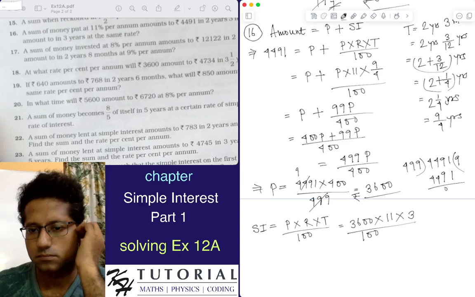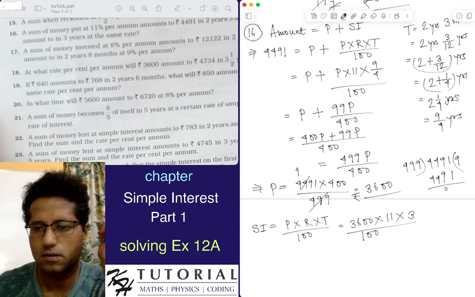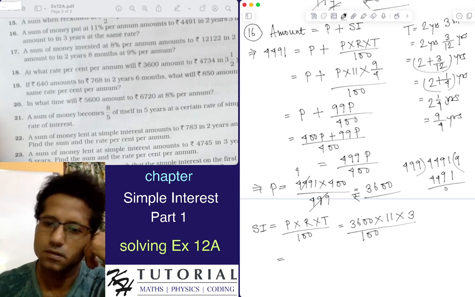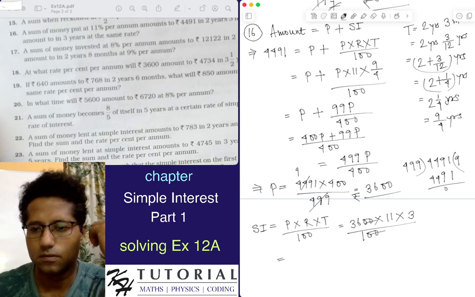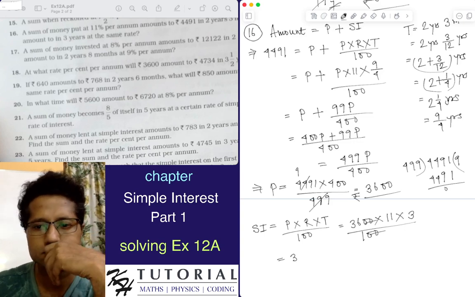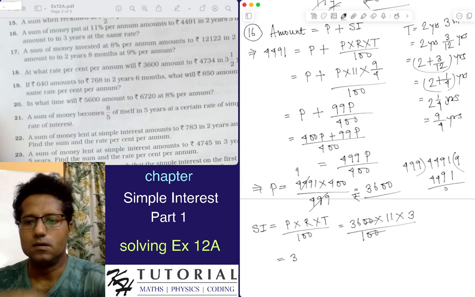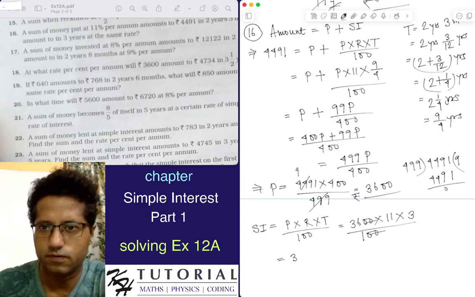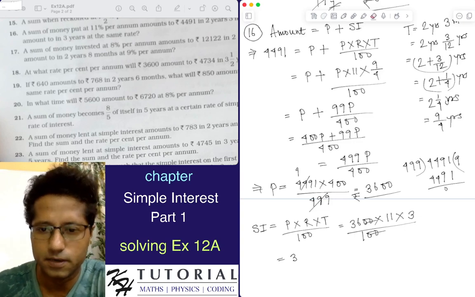Okay, so the 0 0 cancels out. Let's not simplify completely.